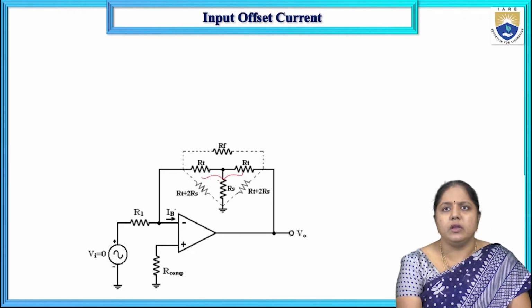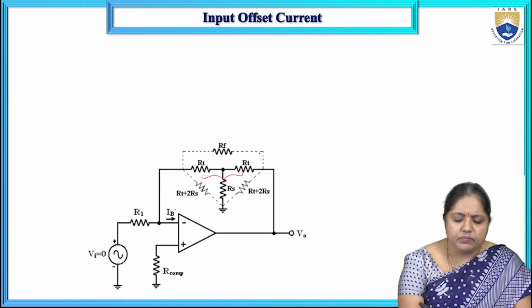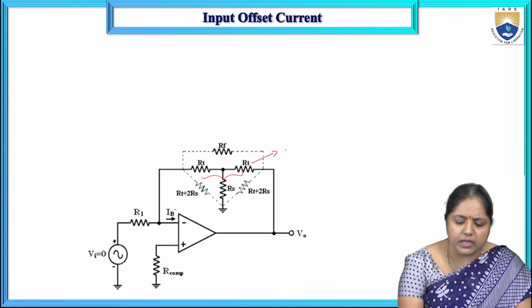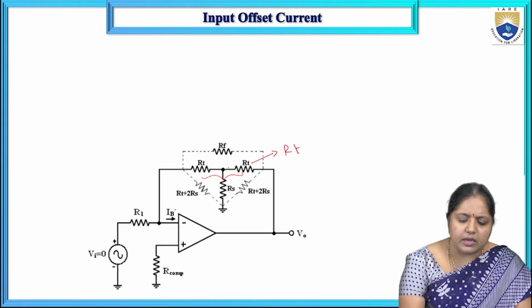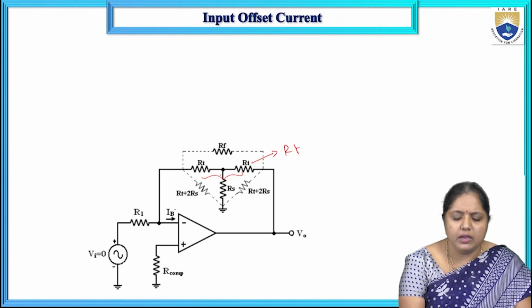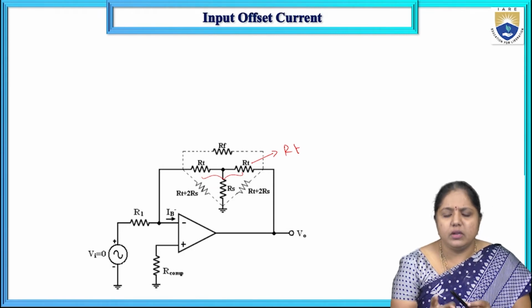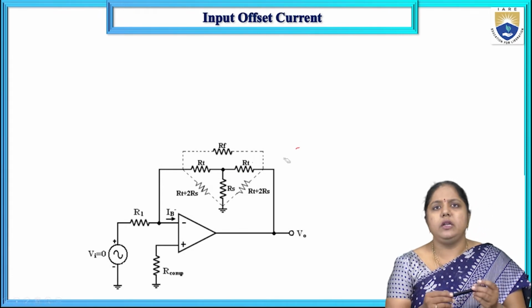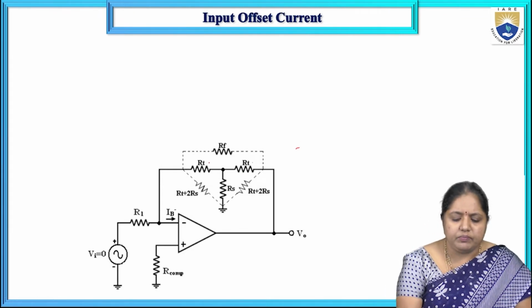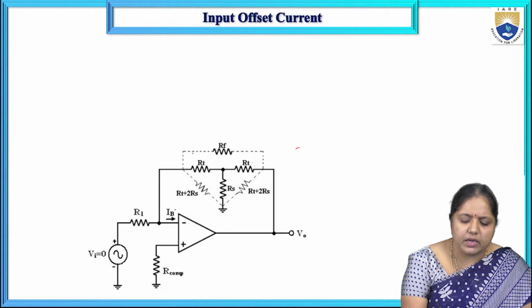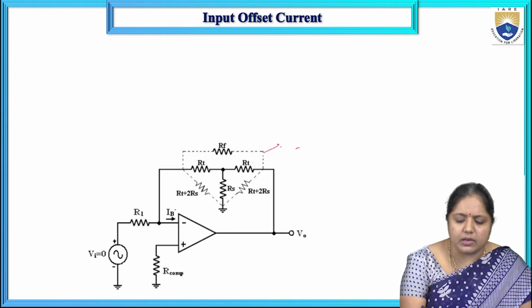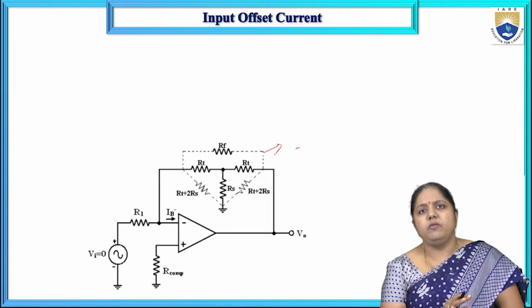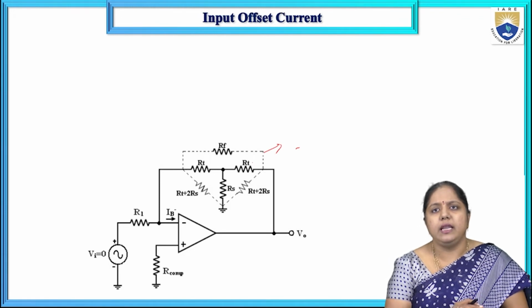The T type of network we are taking is RT, RS. This is the T type of network. If I convert this T type of network into a pi type of network, the pi type of network is represented by the dotted lines like this.